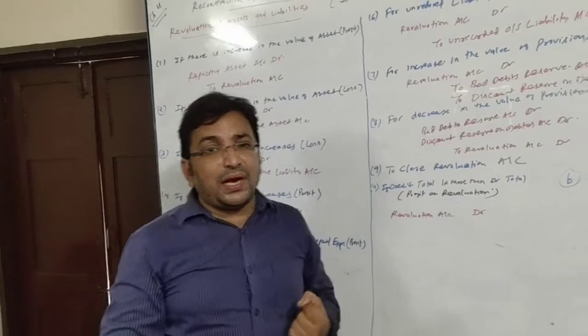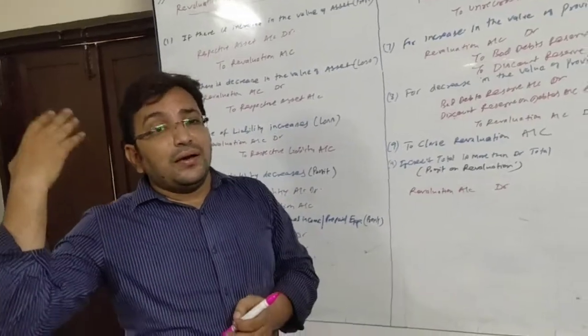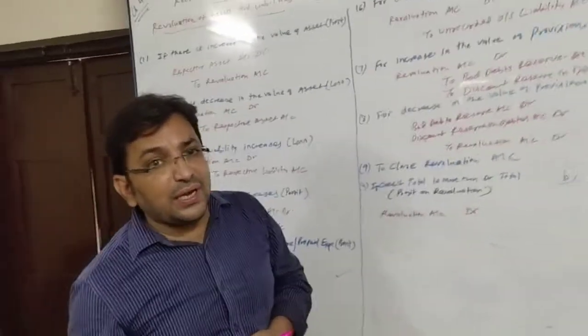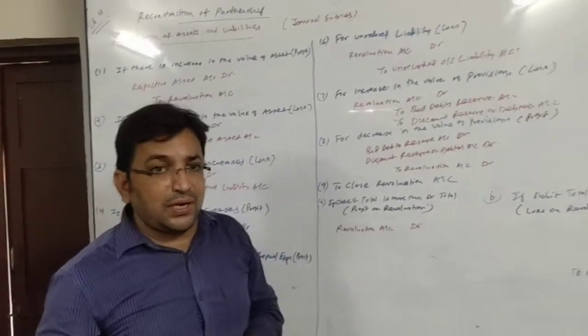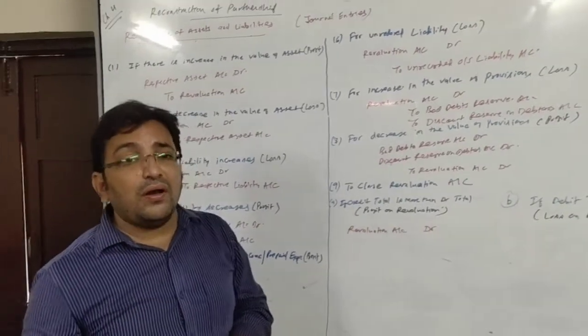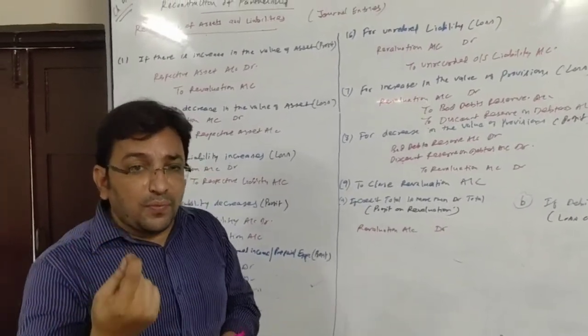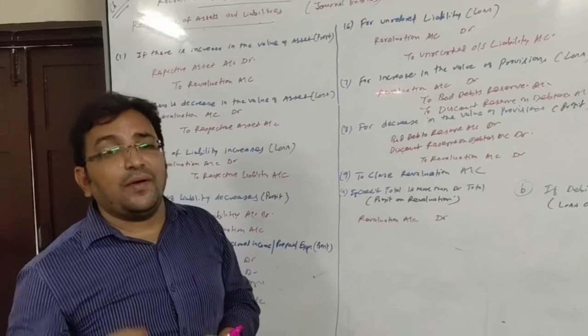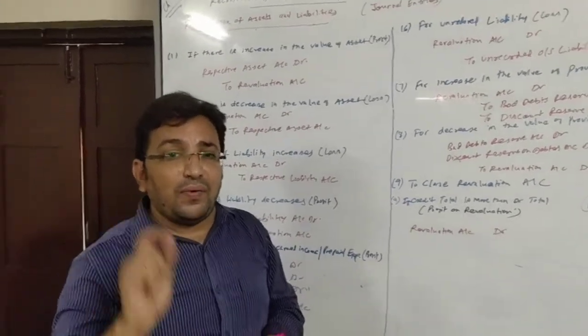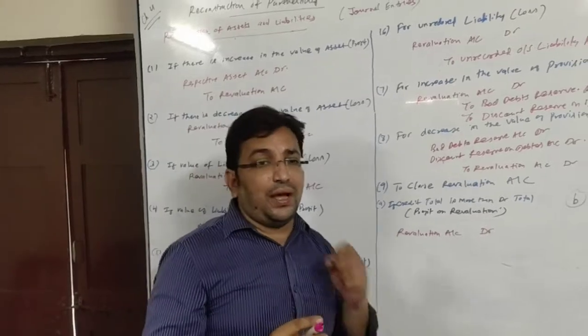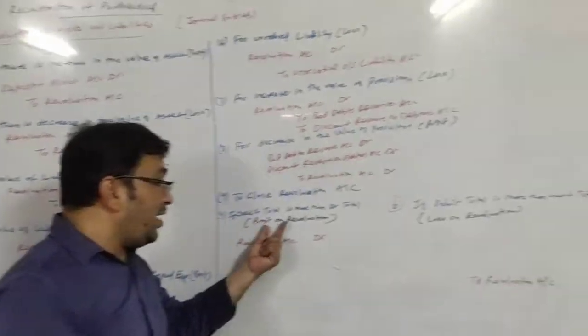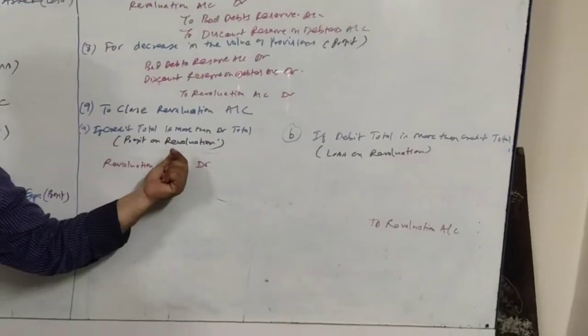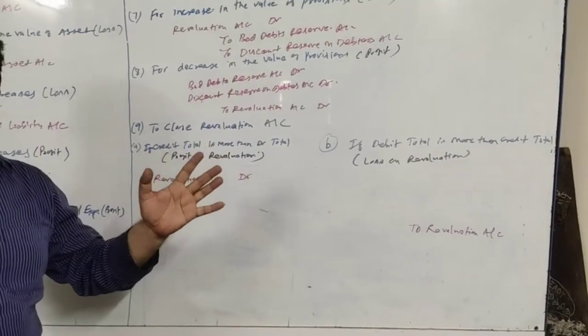But another condition may be when the credit total of revaluation is more than the debit total. It is called overall profit on revaluation. When credit total of revaluation account is more than debit total, it is known as profit on revaluation as a whole.